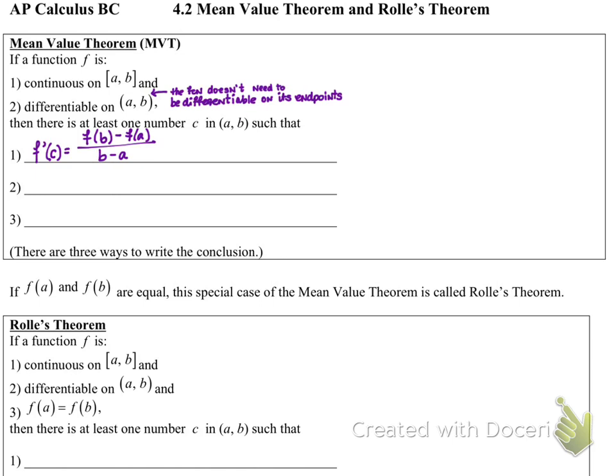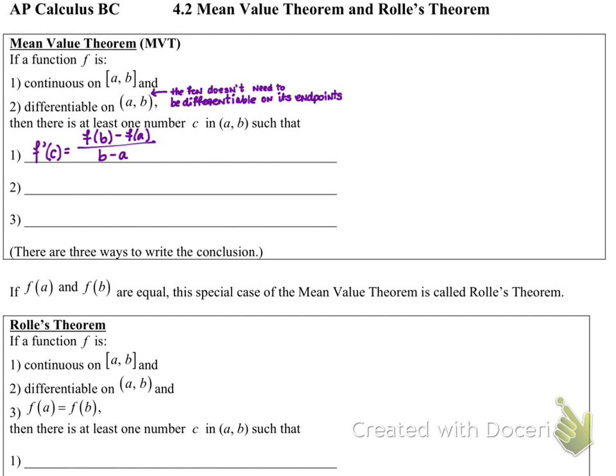in the open interval a to b such that the derivative at c equals some parallel tangent line, or otherwise said, the slope at c equals the slope of some secant line in that same interval.